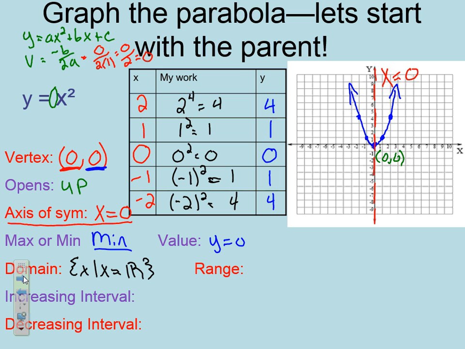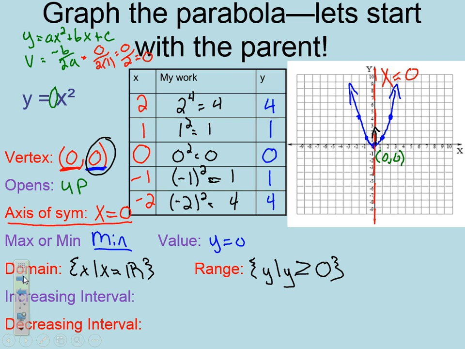Now my range is going to be my y values, so I'm going to have y such that y, now if we remember back to our absolute value, our y values is represented by our y and our vertex. If it's going up, then it's going to be greater than or equal to 0.